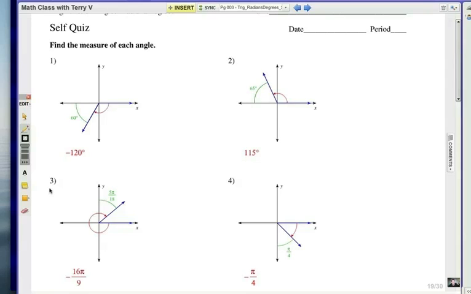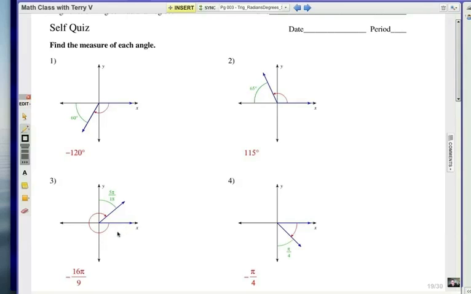Number 3, now we're getting into radians. Notice how you're going completely flat in a negative direction, so that's going to be pi, and then you have this much left. Figuring out logically and noticing the denominator here, 18/18 pi is a complete half turn.